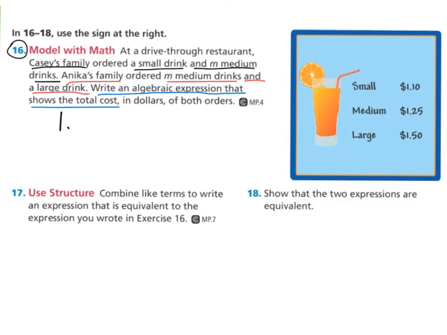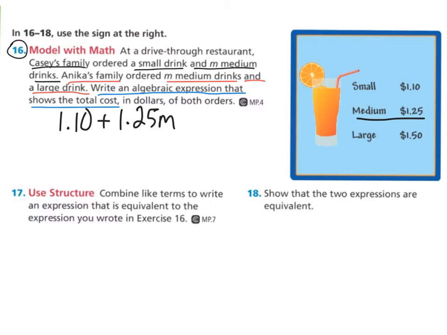So $1.10 would just be our cost for the small drink. And then M medium drinks. Medium drinks are $1.25 each. So the M medium drinks, we would need to do $1.25 times M. $1.25 times however many we bought.